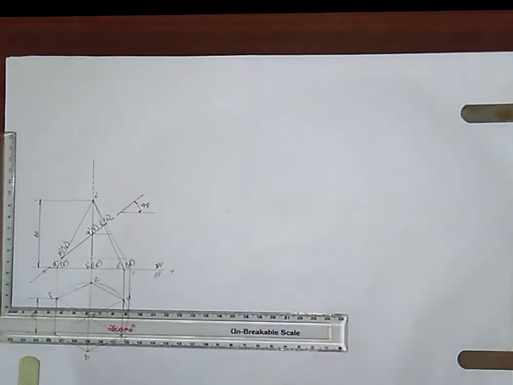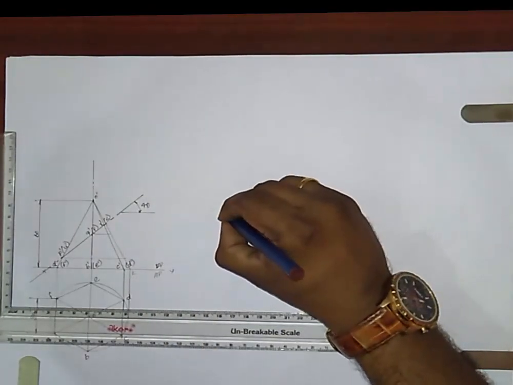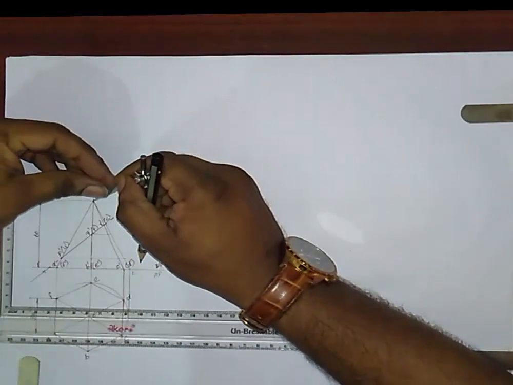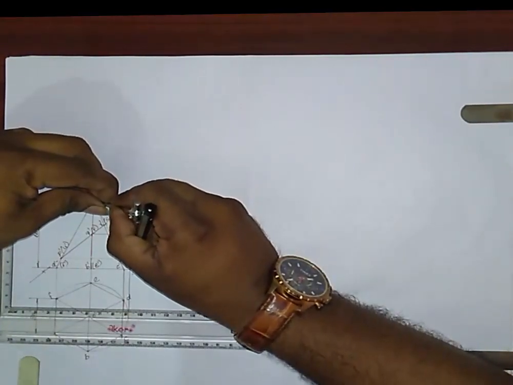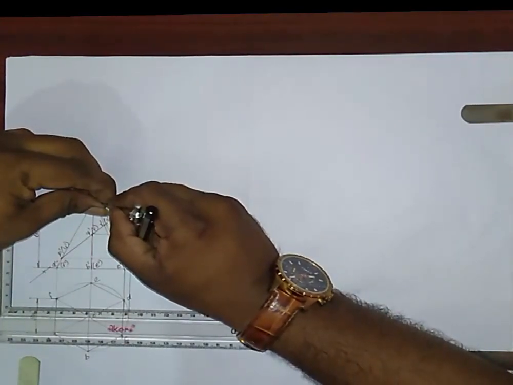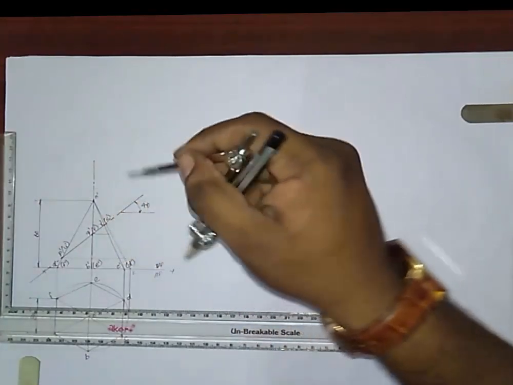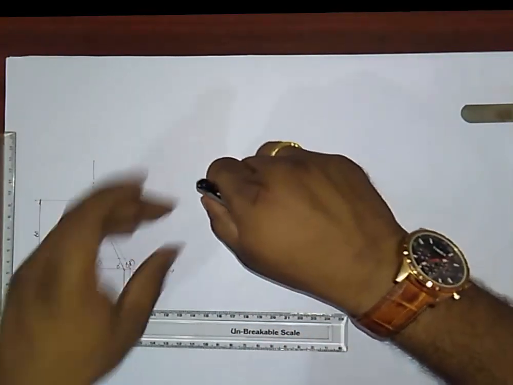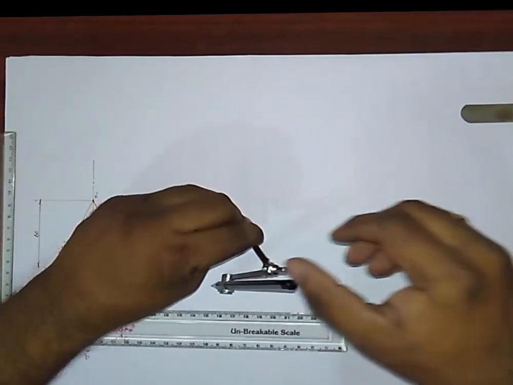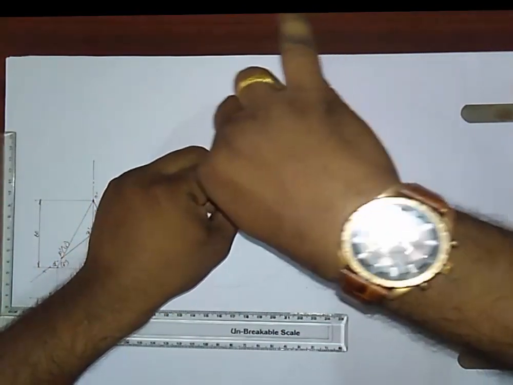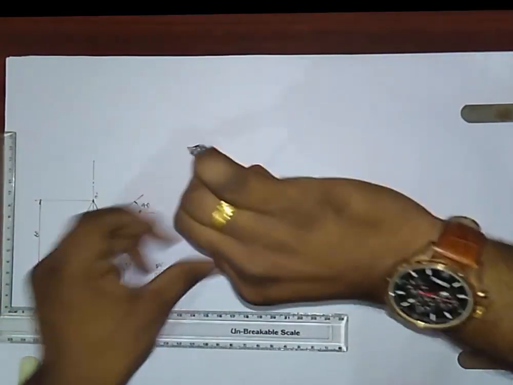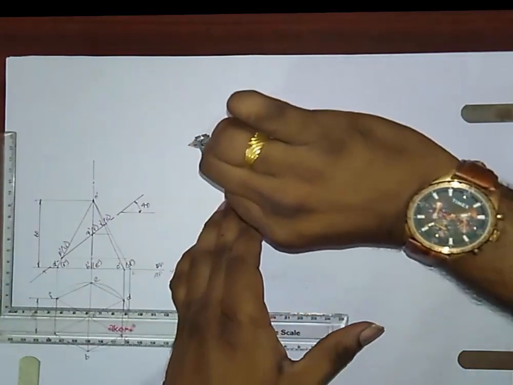This is your point O. Now with your compass measure the true slant length, and from point O just draw the arc like this.